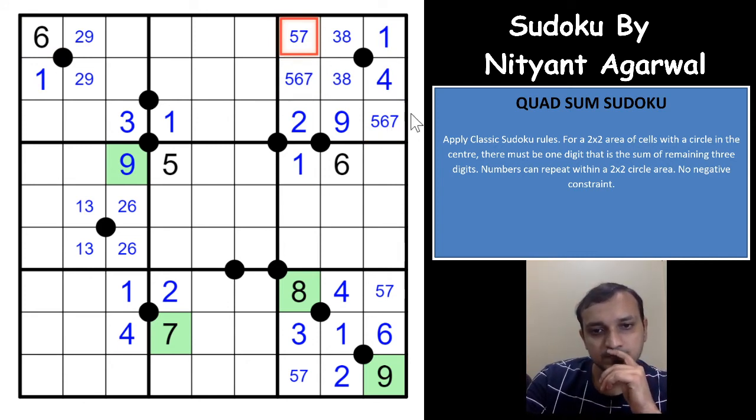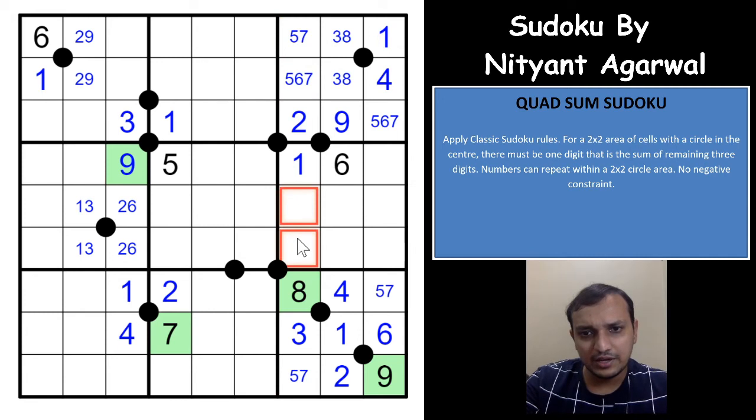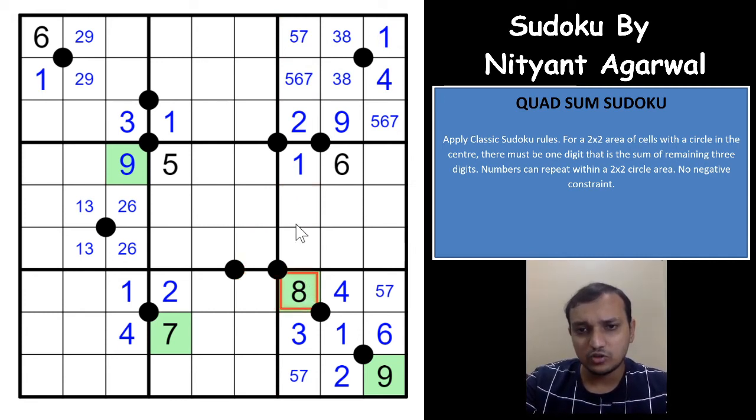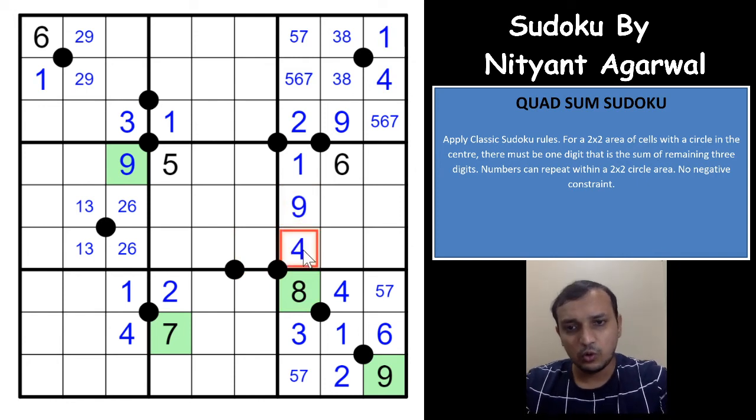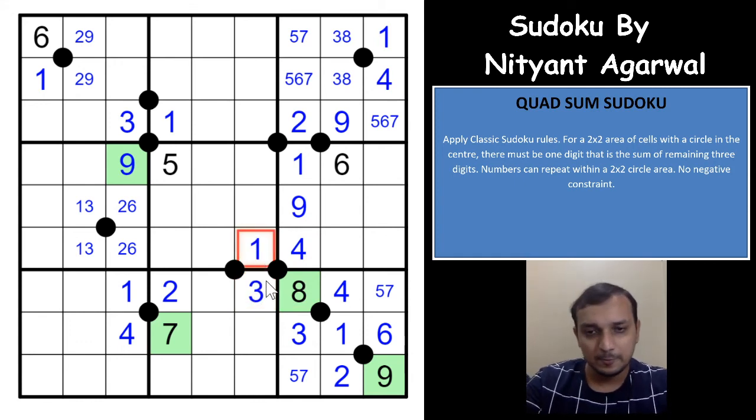Okay. 5, 6, 7. So this is 4 and 9. Right? 9 cannot be part of the circle because 8 is already the sum cell. So this is 4. And the moment you have a 4 here, these 2 cells would have to be 1 and 3. So this is 3, this is 1.